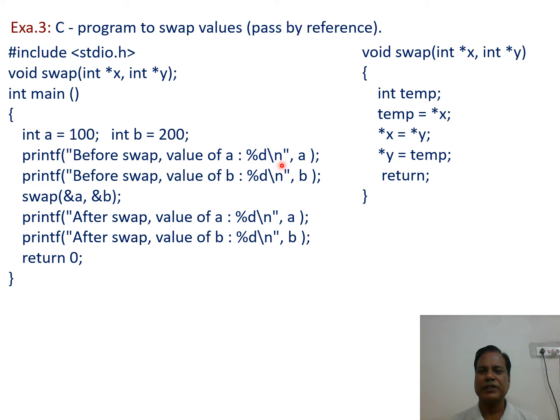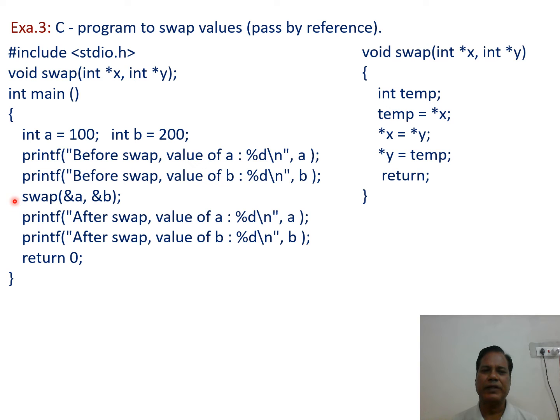And then \n, this escape sequence character brings the cursor to the beginning of the next row, where again using the printf statement, "Before swap, values of b:", the value of b is printed here. So these two printf statements print the values of a and b before swapping.